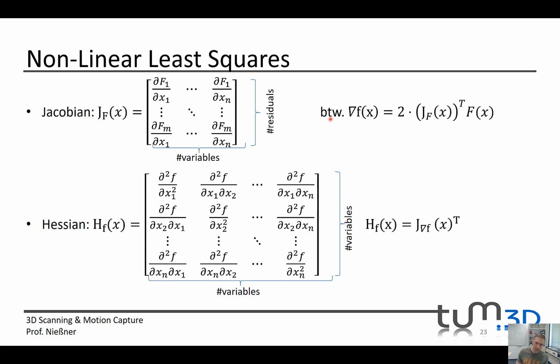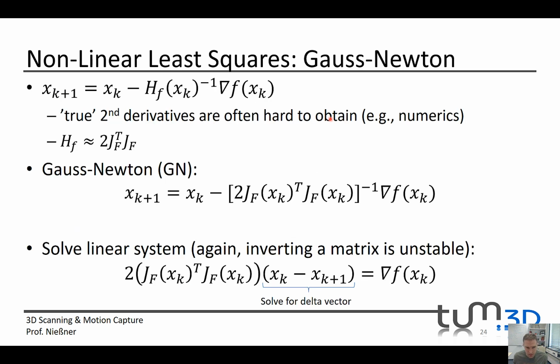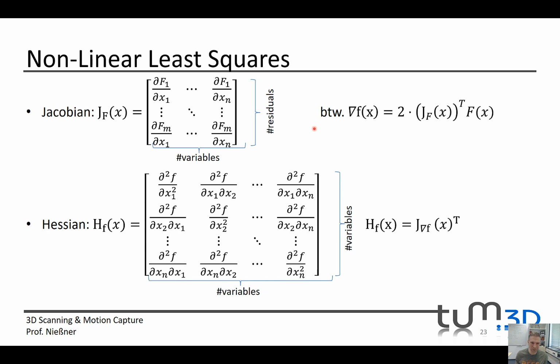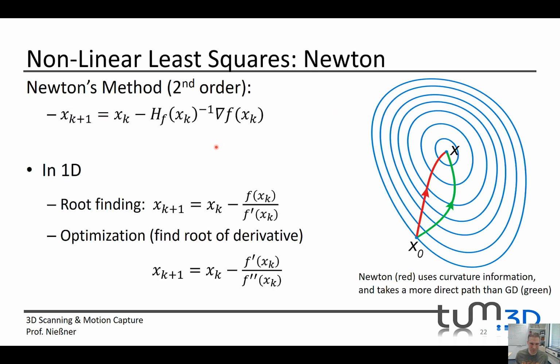Well, if we are going back to Gauss-Newton, to Newton's method, then we know, okay, this here is a square matrix, right? And we also know that this f vector has number of unknowns as rows, right? So this matrix multiplication times this gradient vector actually works out in terms of dimensionality.